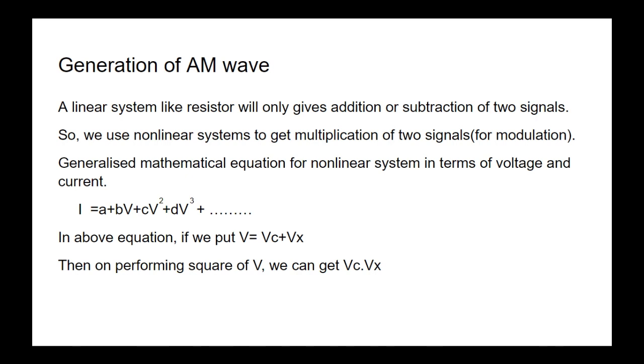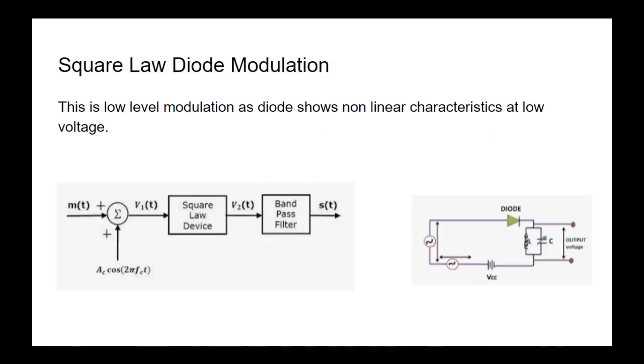In the above equation, if we put voltage V equal to carrier voltage plus modulating voltage, then on performing the square of V in the CV square term, we will get multiplication of Vc and Vx.